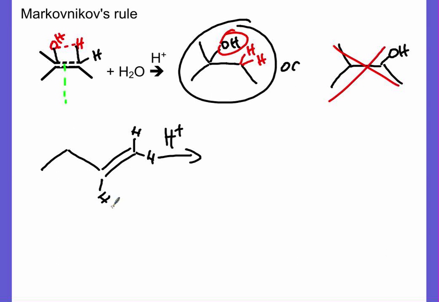This side only has one. So I'm going to add that hydroxyl group to the side that had less hydrogens to begin with, making this side over here have three hydrogens that I don't necessarily have to draw. But the one with more hydrogens already ends up with even more hydrogens in your product. That's how you're supposed to predict which one is formed.